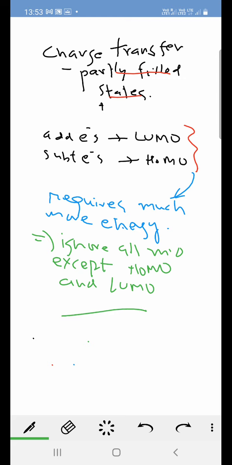Now next, what is to be defined is what we mean by ionization potential and electron affinity. These two are very important terms that need to be defined.